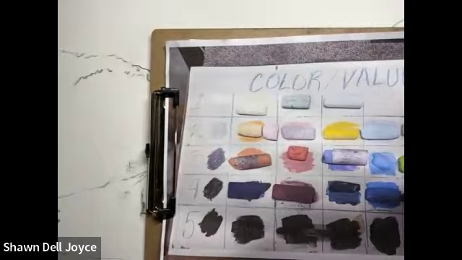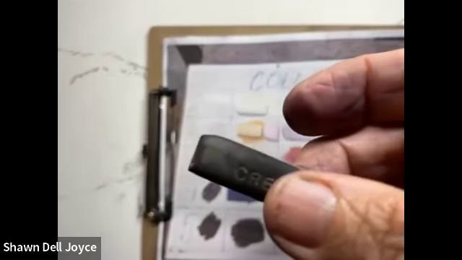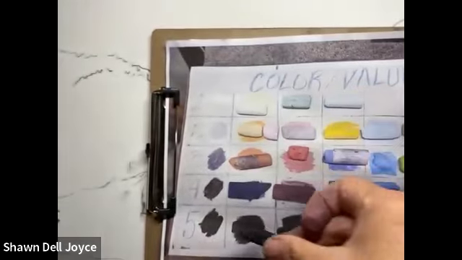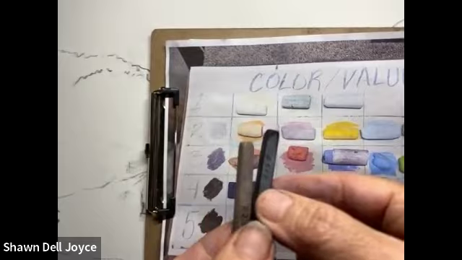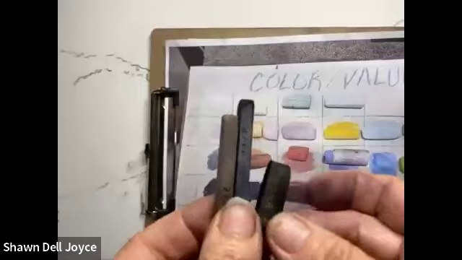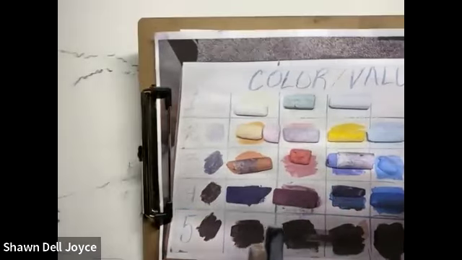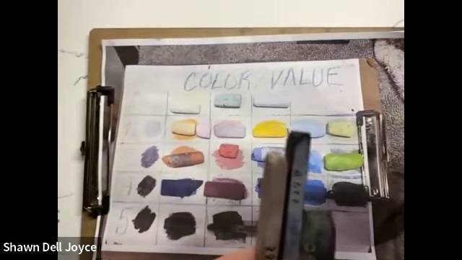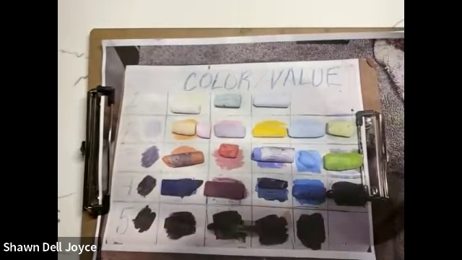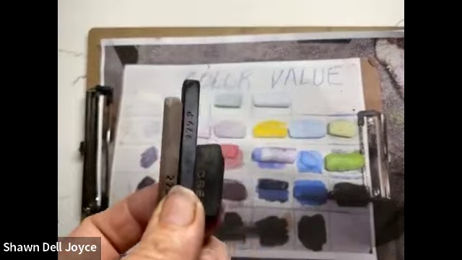So for the 5 value, I'm choosing a soft dark black, a hard dark black, and a hard dark brown, mainly because there's some crevices in the rocks. So that's where the dark brown comes in. These are my 5s.